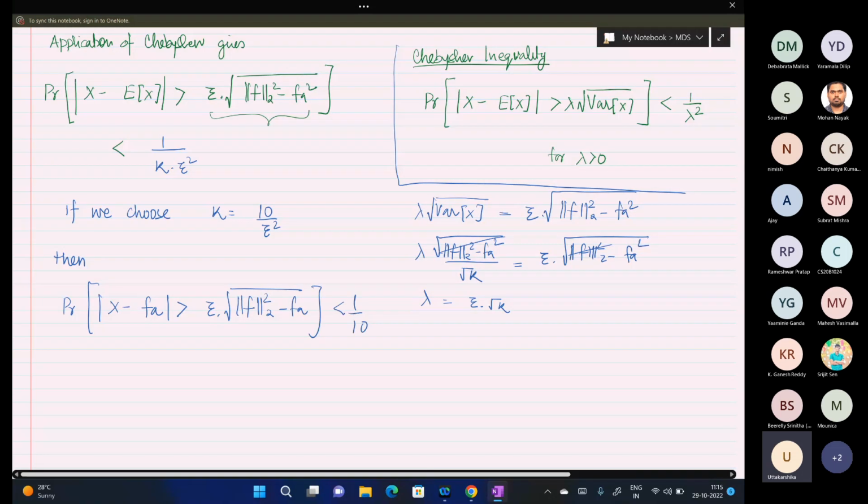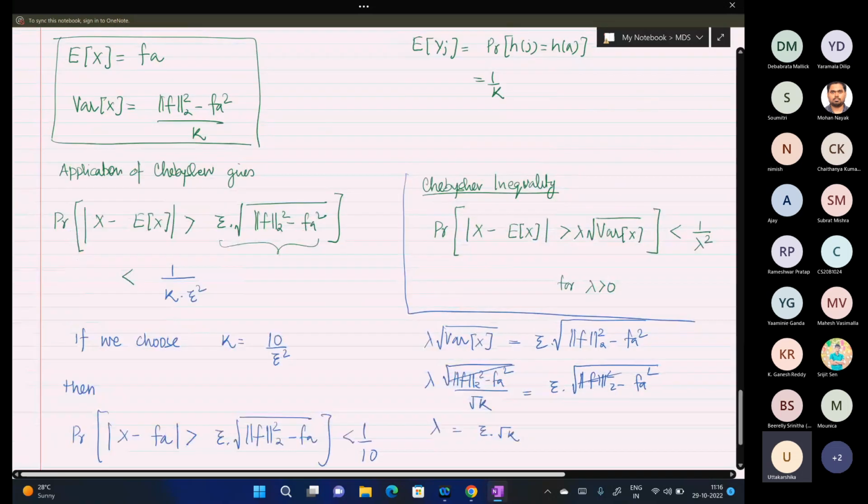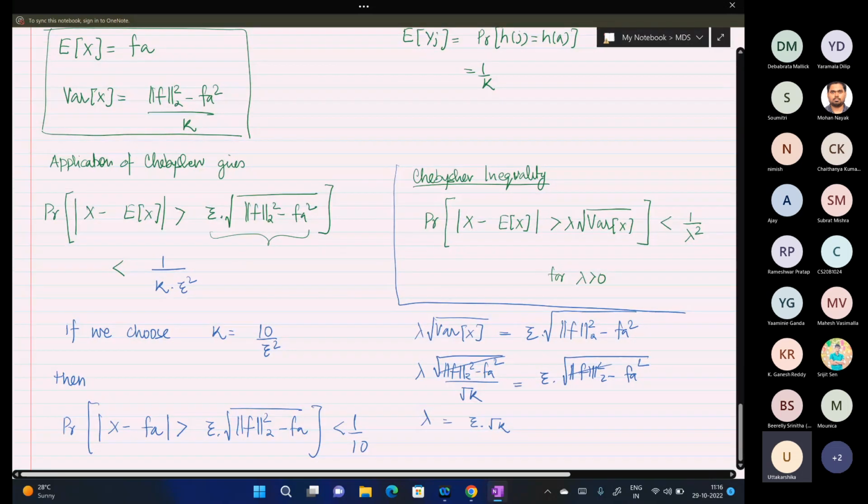Right? So any doubt on this simple calculation? We just used the expectation and variance of our random variable x, and we applied the Chebyshev inequality. Right?